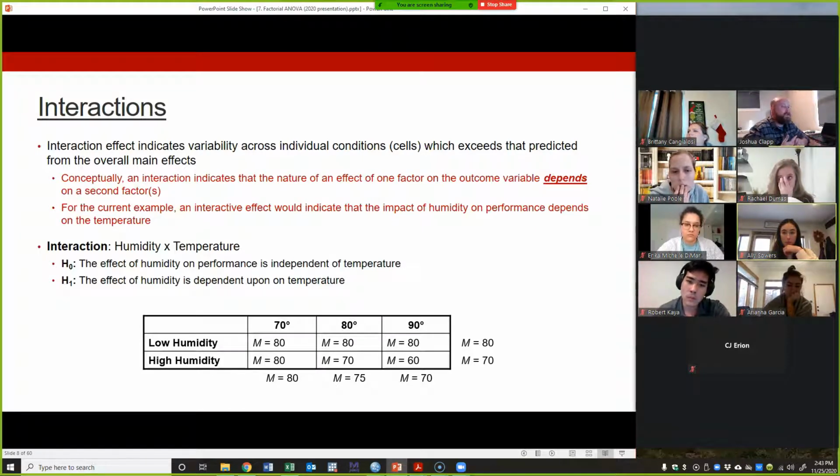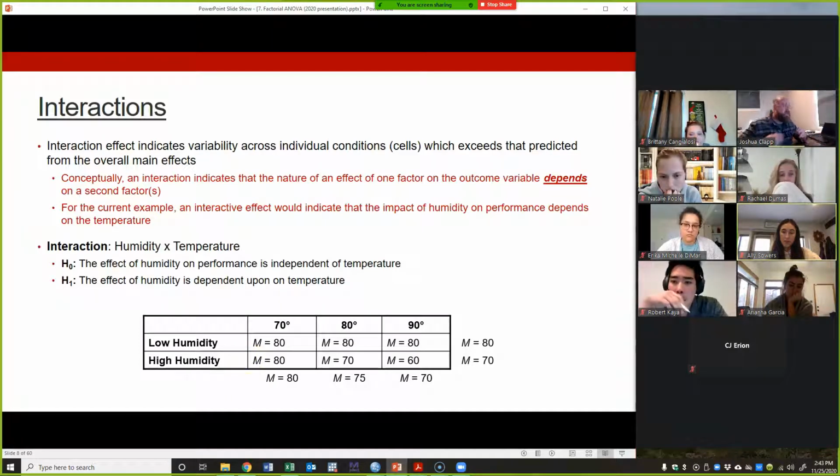Same thing with temperature. You say, oh, my main effect says that performance systematically decreases with increasing temperature. Well, kind of, but that's not the whole story. At low levels of humidity, temperature doesn't have any impact on behavior, but at high levels of humidity, it does, right?